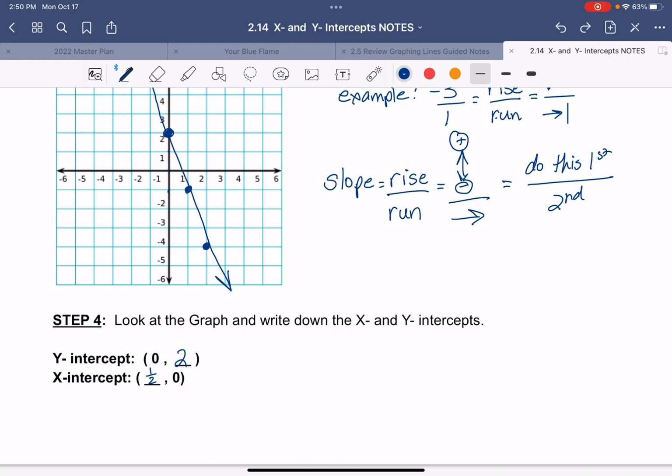Actually, I'm going to do it in a different color. This is where your x-intercept is right here, okay? So we're saying that that's at 1/2, 0, okay? So it is okay to guess if the line does not cross the x-axis at a specific point. So in this case, you need to guess, but hopefully your homework examples are all the same.